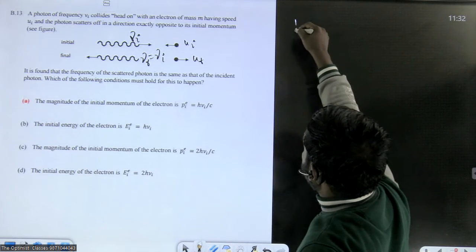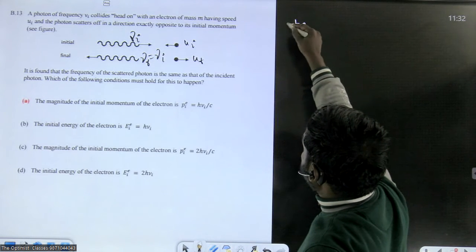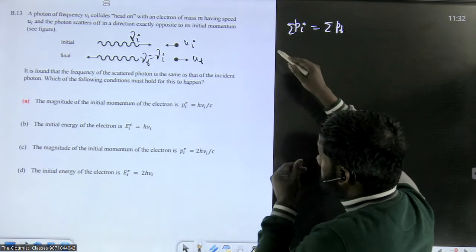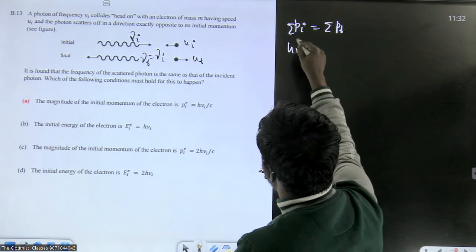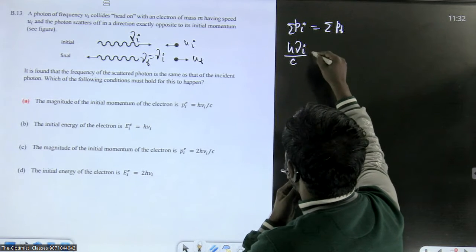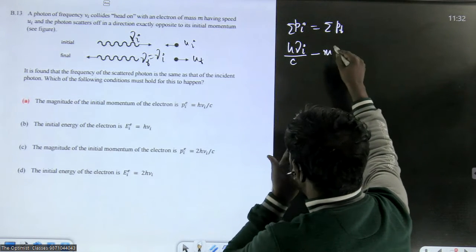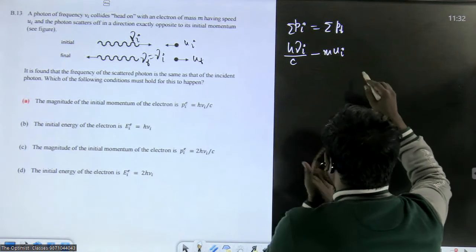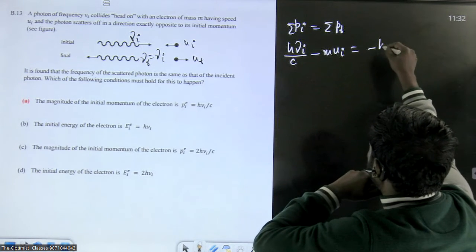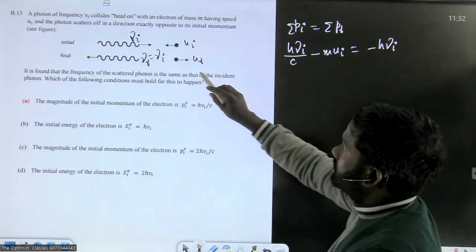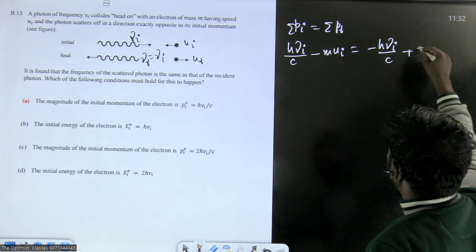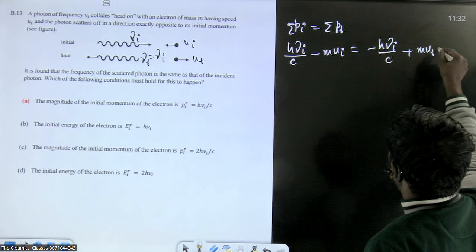So we'll write p initial sum should be equal to p final sum. For the photon, you will write h nu I by c. For the electron, we'll write m u I. The photon is going in the opposite direction, so now we'll write h nu I, because the final frequency is the same as the initial, by c, and for the electron we'll write m u f.